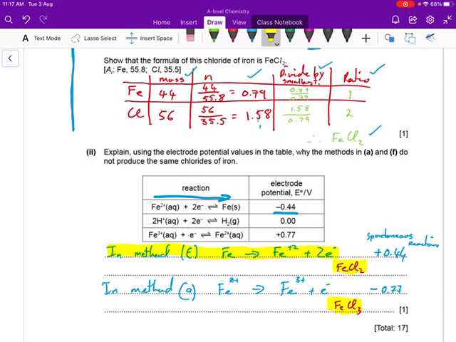My iron, reacting with my hydrogen chloride, is going to iron +2. This is a viable reaction, it's spontaneous. This is why it's more likely to form. It's not going to continue to iron +3, because going from +2 to +3 in this direction gives me a negative electrode potential, which means it isn't spontaneous. So this is why there are 2 different chlorides formed.